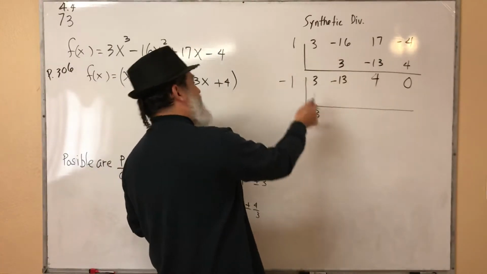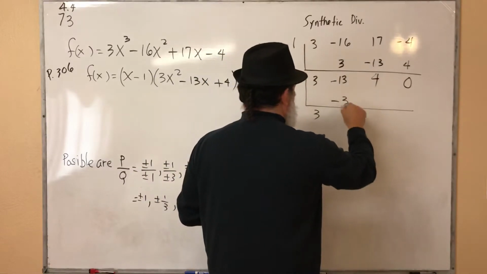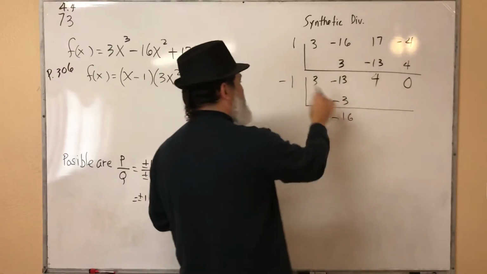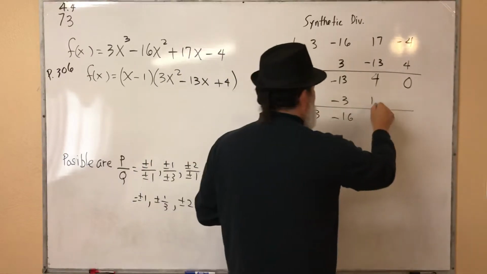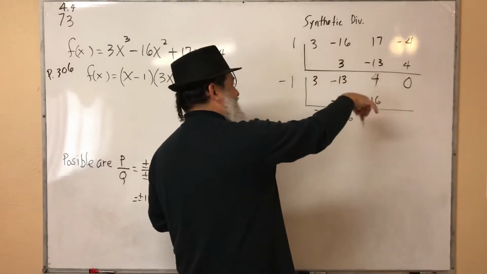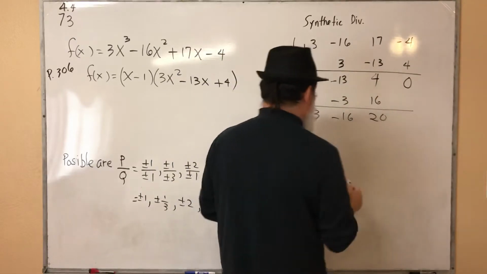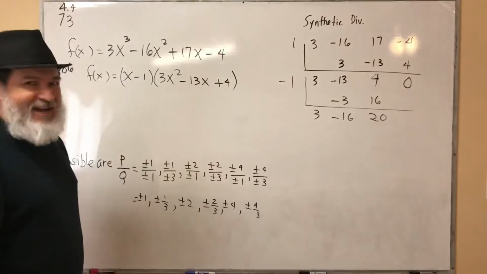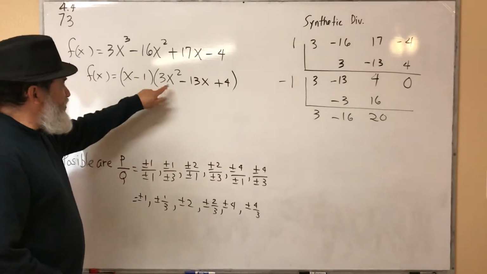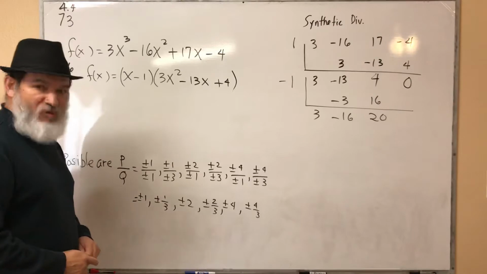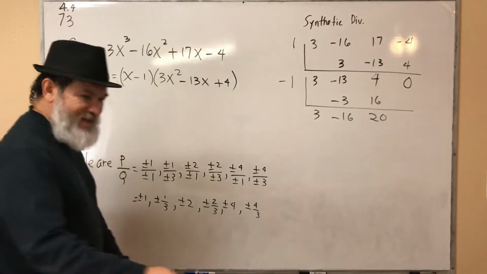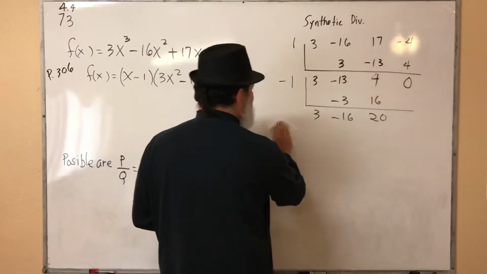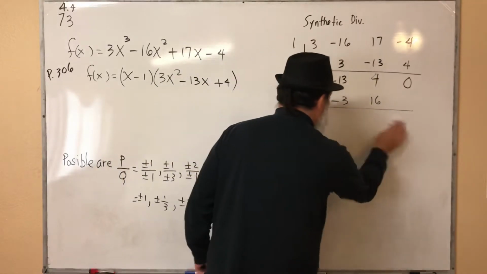Multiply. Add. Multiply. Add. No! -1 is not a zero of 3x squared minus 13x plus 4. No, it isn't. So therefore, we're done with -1 and 1.